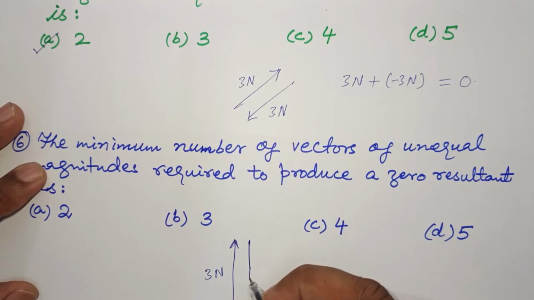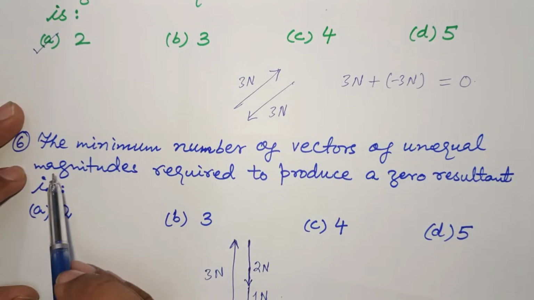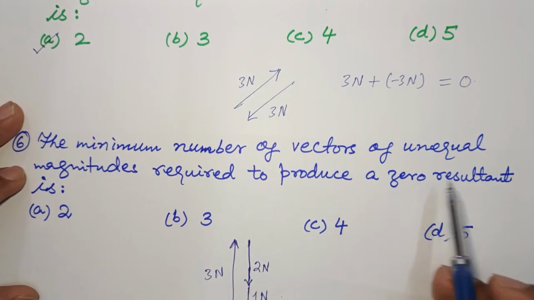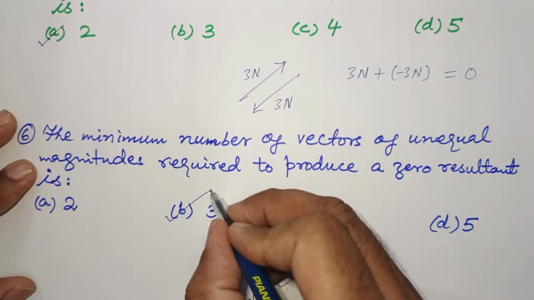Because if I try to neutralize it with a vector of 2 Newton magnitude acting downward, I cannot reach the ground back. I need one more vector to get the minimum result. So we can produce a zero resultant with the minimum number of vectors of unequal magnitudes. With how many vectors? You can see the result: 1, 2, 3 vectors. So the correct option is 3.